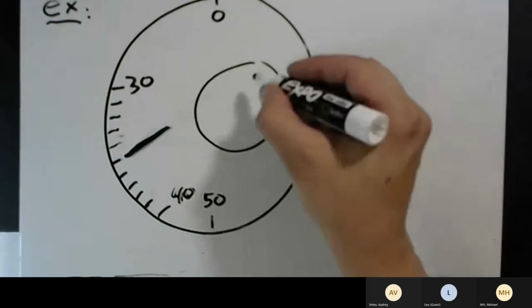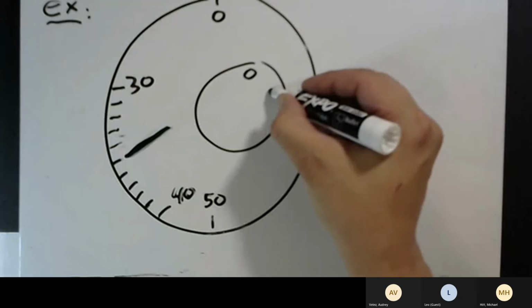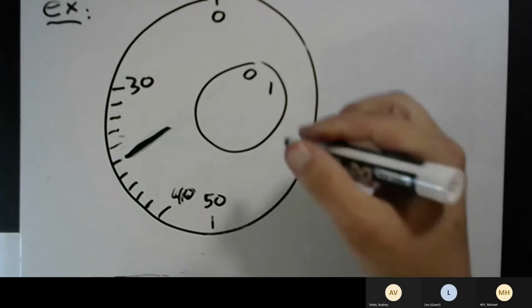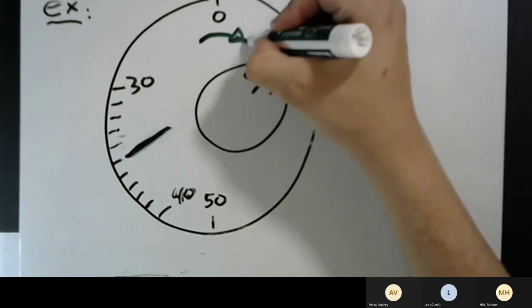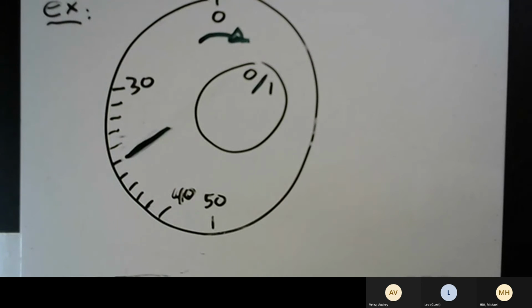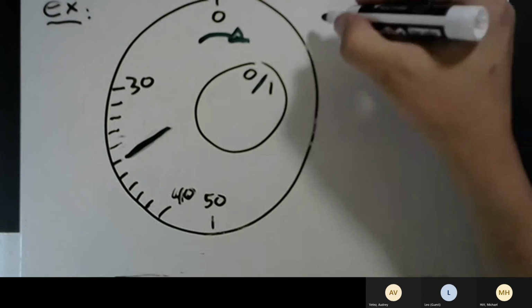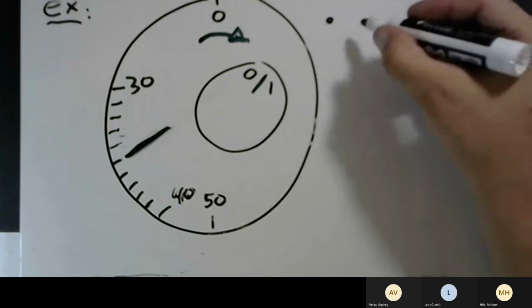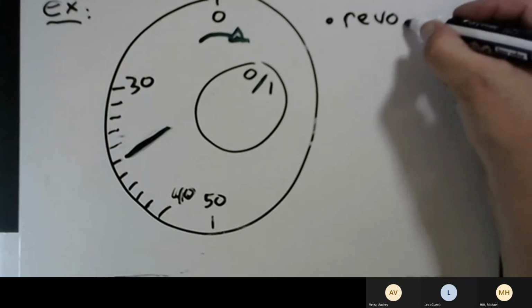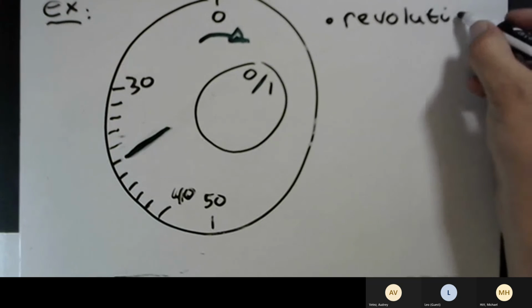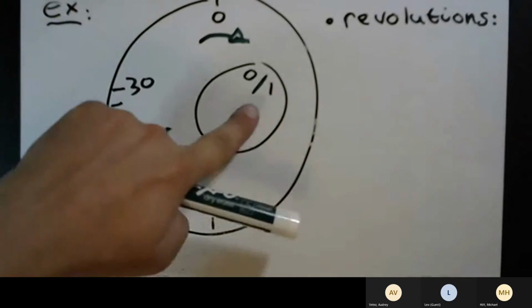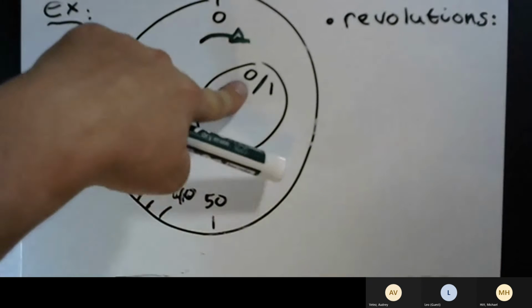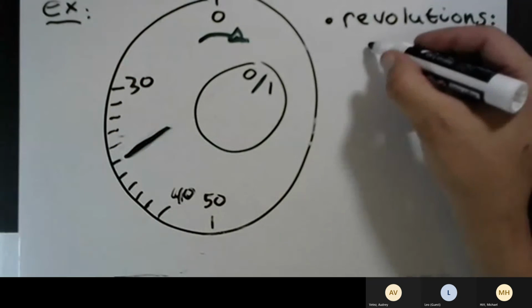And let's place our rotation between 0 and 1. And now we've got a rotation to the right. So for revolutions, again, this is our revolutions, and we're going to go with the smaller number.